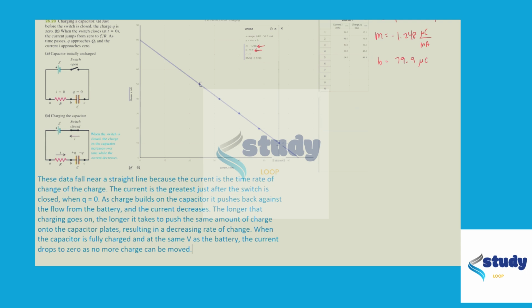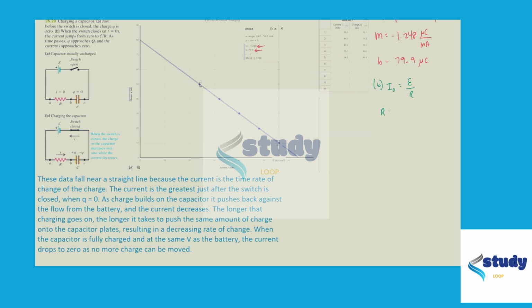And so now, use our results to calculate the resistance of the resistor and the EMF of the battery. I actually found it easier to do the EMF of the battery first, because we need to note here in part B that the resistance of the resistor can be found from the initial current: I naught equals the EMF divided by the resistance.